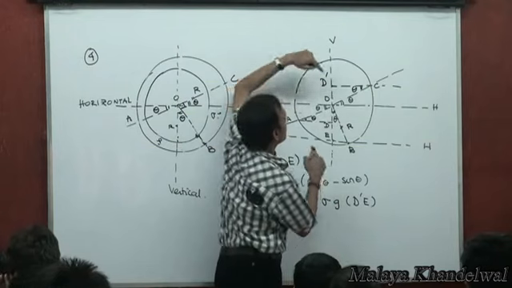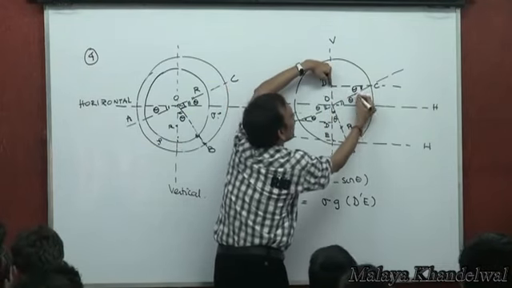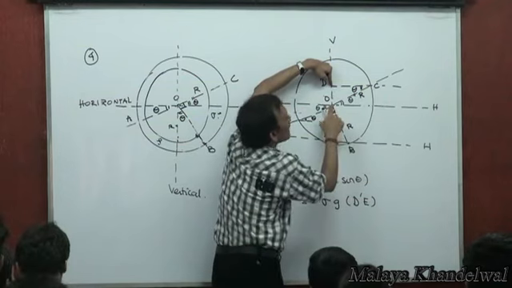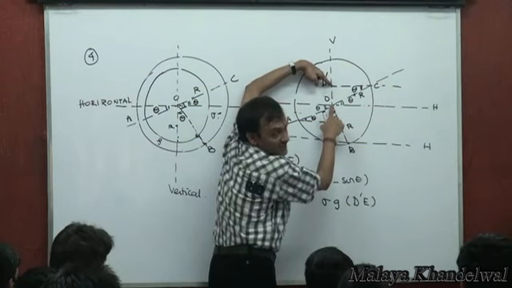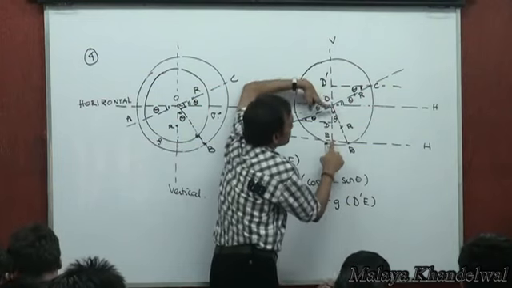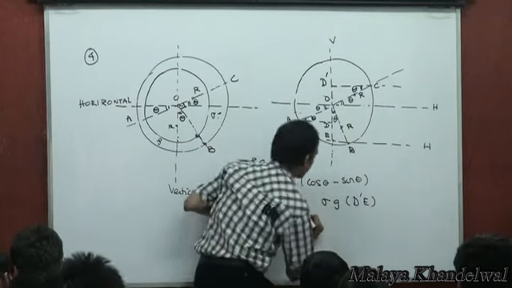What is D prime E? It is as much above as this was below. So this is like R. This is R sin theta. And this is R cos theta. So R cos theta plus R sin theta.